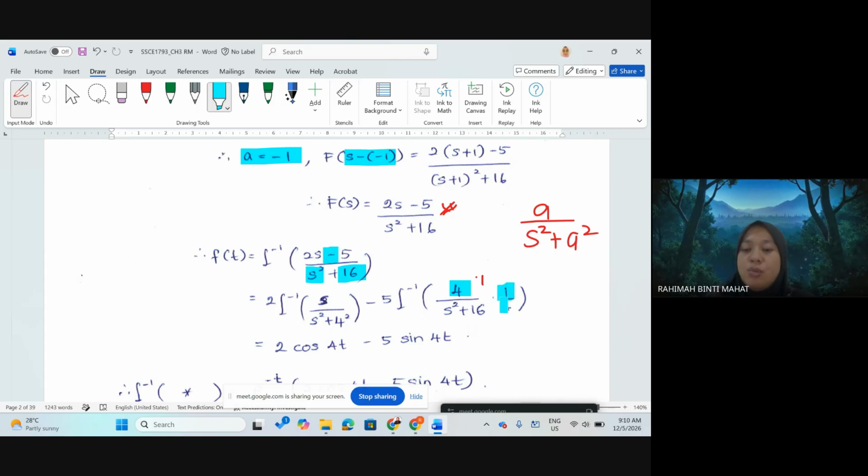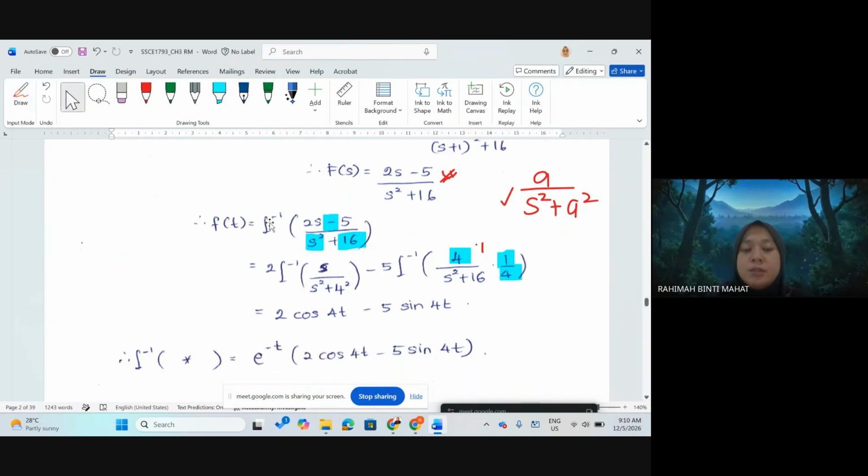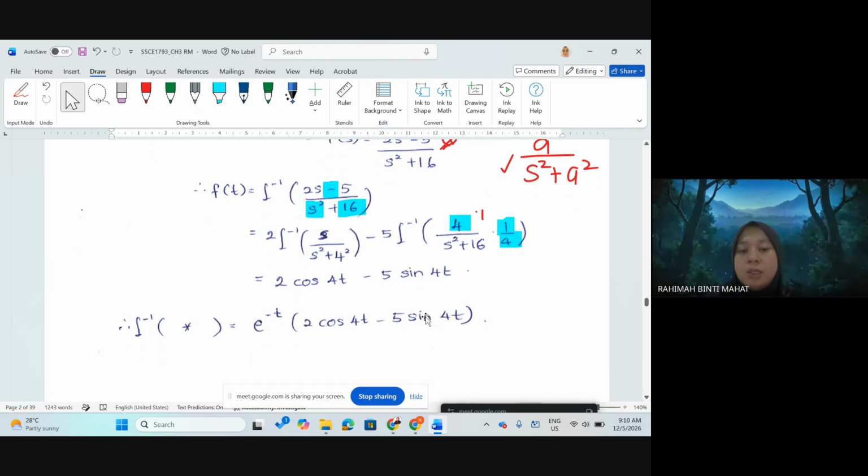You need to times with 1 over 4, so you can cancel the value of 4. Why do you want to cancel the value of 4? Because you can use the elementary formula, a over s squared plus a squared. So by using the elementary Laplace formula, the first term is equal to cos 4t and the second term is equal to 5 over 4 sine 4t.